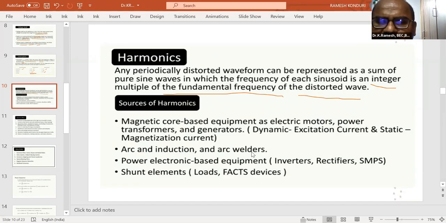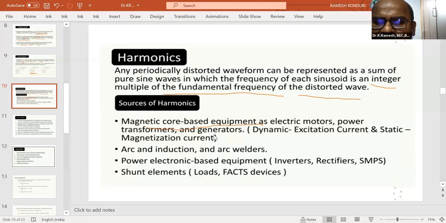So what are the sources of harmonics? Where do the harmonics generate? These are basically magnetic core based equipment in electrical machines. Wherever you have electrical machines, they are constructed with the magnetic core as the principal material.